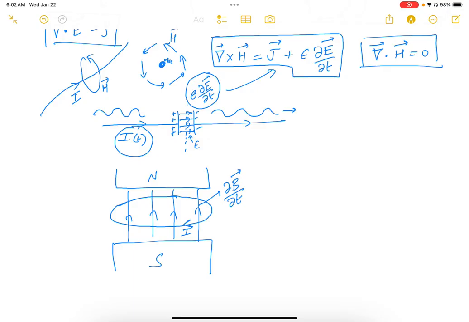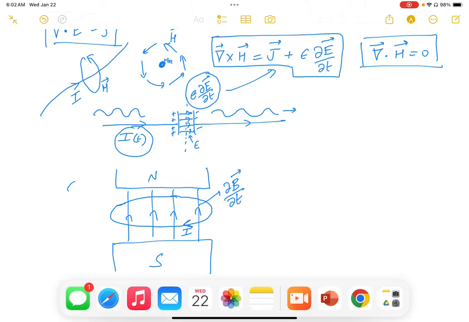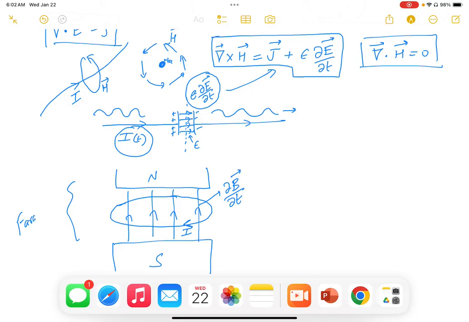This current is set up in such a way that the magnetic field generated by it opposes the original applied magnetic field. This is called Faraday's law of induction, and it was originally discovered through experiments.